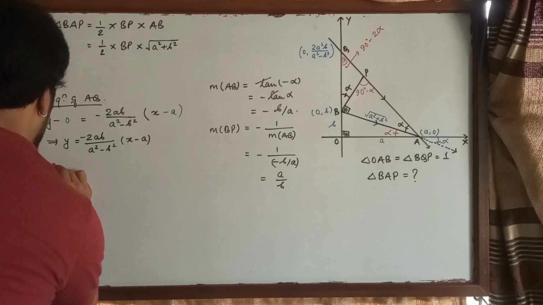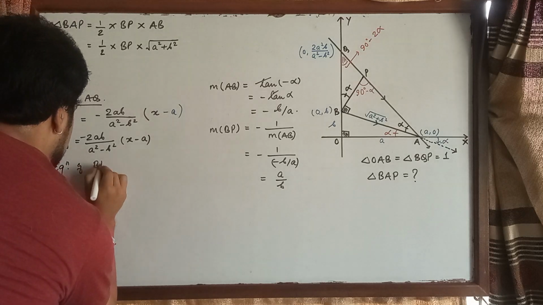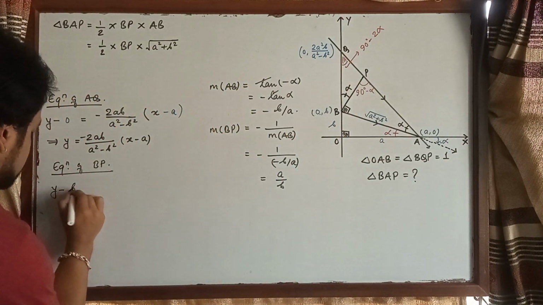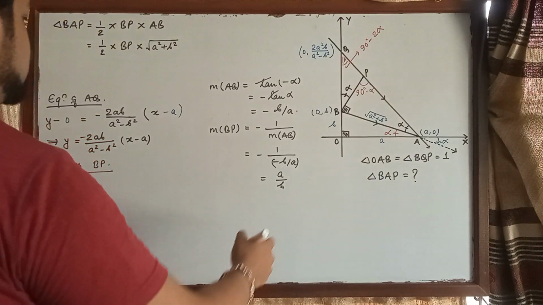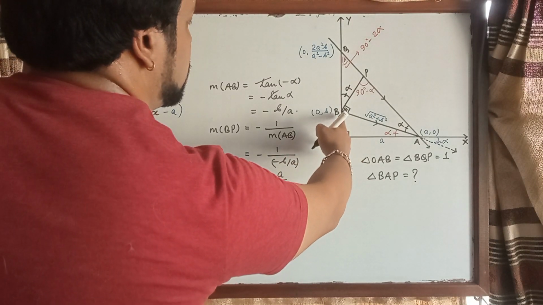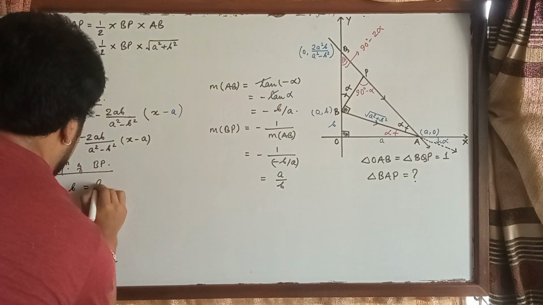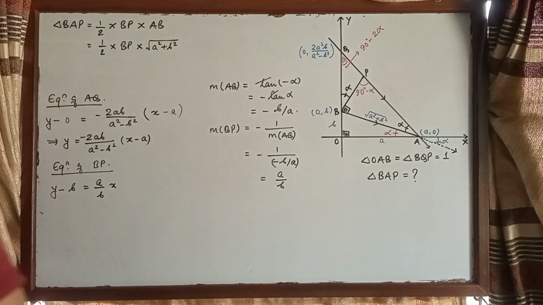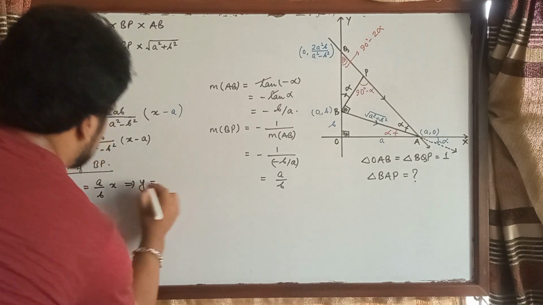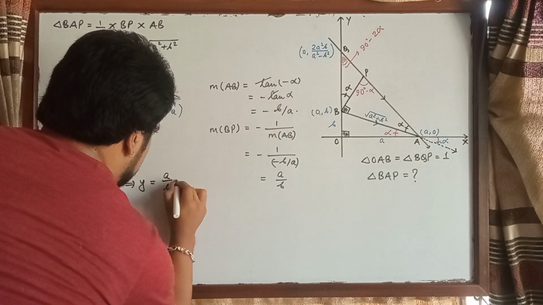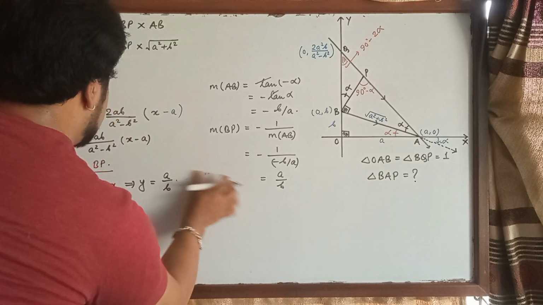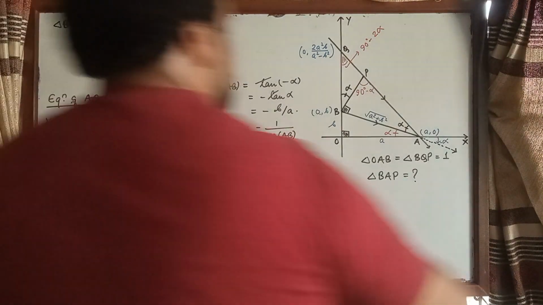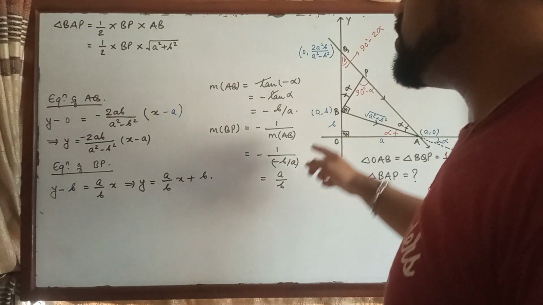So the equation of BP: since this passes through the point (0, b), y minus b is equal to the slope a over b times x minus 0, which means x. So y equals a over b times x plus b.